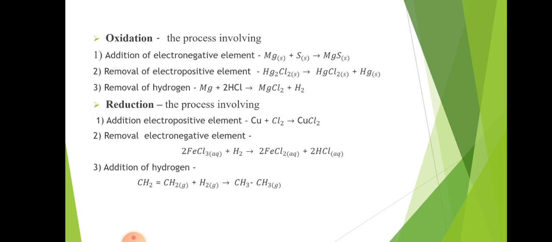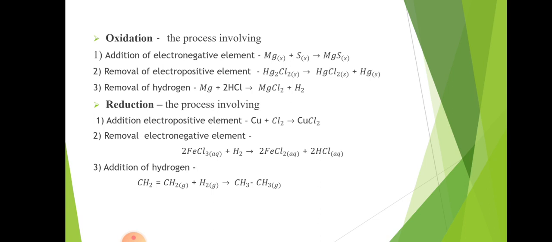In this reaction, copper is the positive element, and it combines with Cl2 to form CuCl2. Then another definition of reduction is the process involving the removal of an electronegative element.